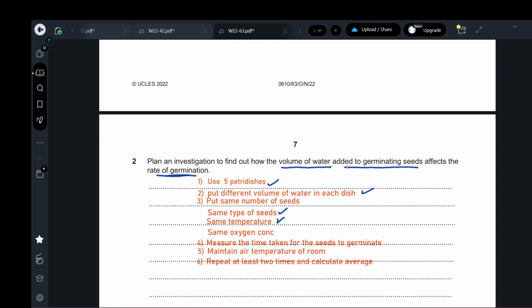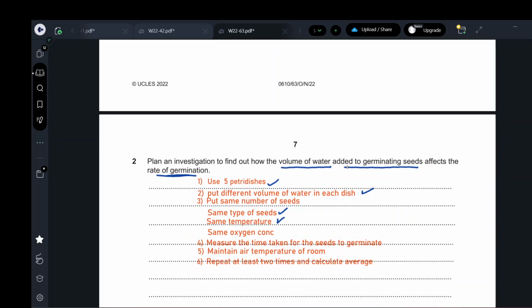Okay? Measure the time taken for the seeds to germinate. You're going to put your dependent variable. How are you going to know which one is the best? Either measure the time, see which one germinates first, or you can measure the number of seeds germinated after a certain time.